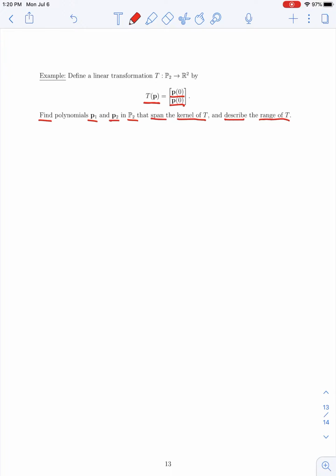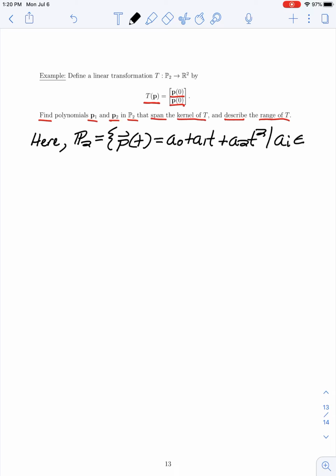So let's consider the space P2 that we're mapping from. So here, P2 is the set of polynomials or vectors of the form p of t is equal to a0 plus a1 t plus a2 t squared, such that each of these coefficients, a0, a1, and a2, are real numbers.